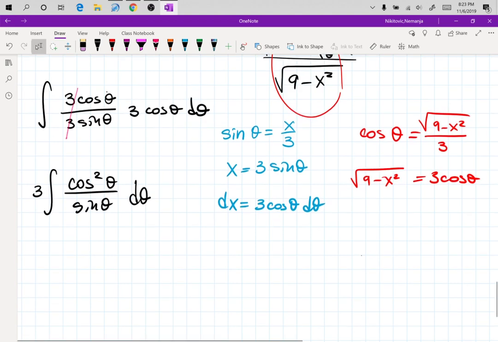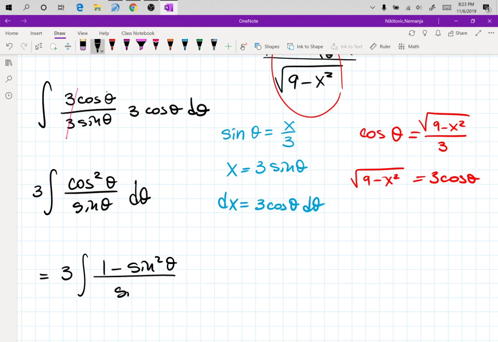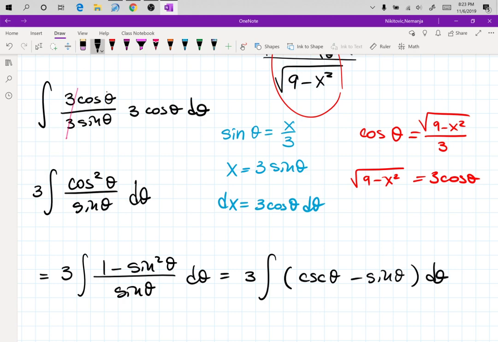Cool. We use a trig identity to write cosine squared as 1 minus sine squared theta divided by sine theta d theta, and that breaks into 2 separate integrals. So 1 over sine is cosecant theta, and then minus sine theta d theta.